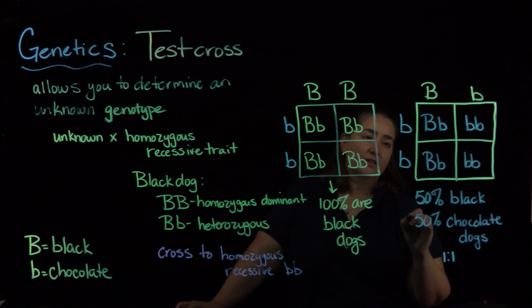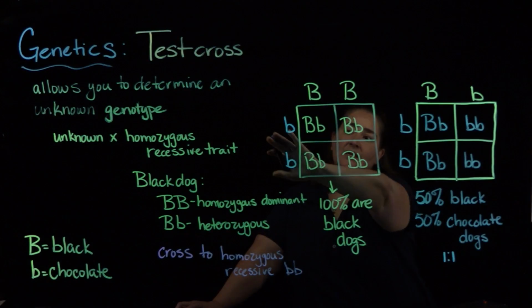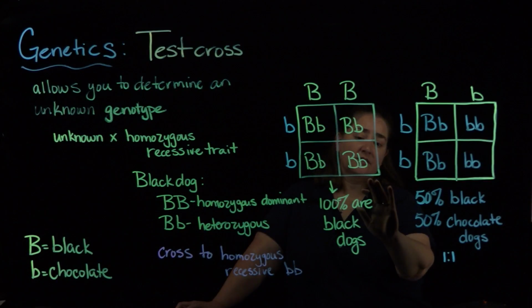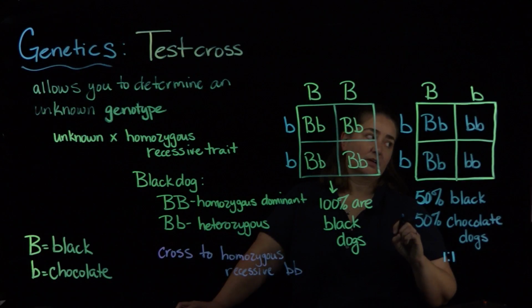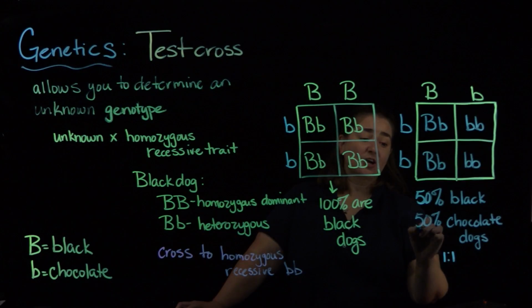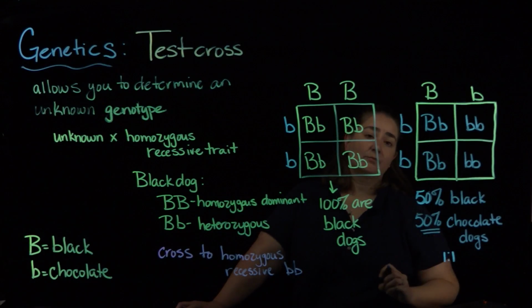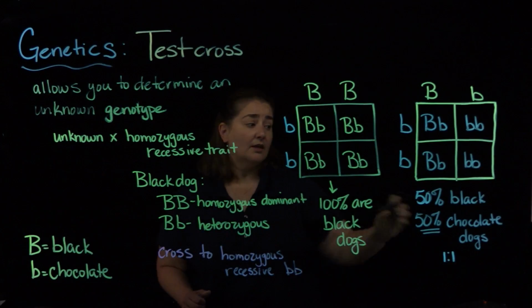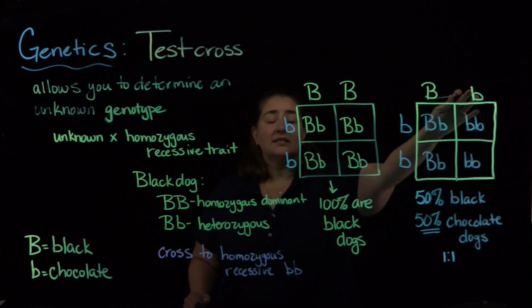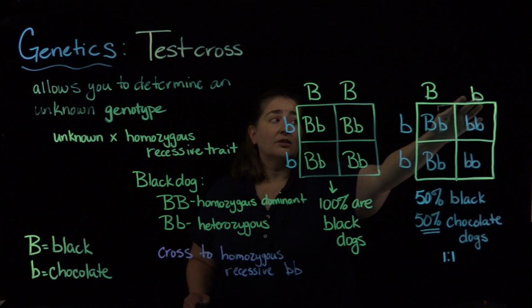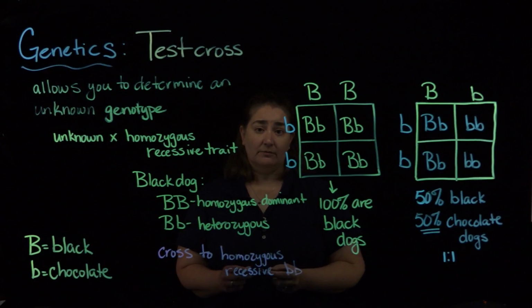With our crosses, if we mate our black dog to our chocolate dog and all of the dogs come out black, we know that black dog is homozygous dominant. If we get any chocolate dogs at all, we know that black dog has to be heterozygous for the coat color trait, because that's the only way we can get chocolate dogs is if the black dog contributed a recessive allele.